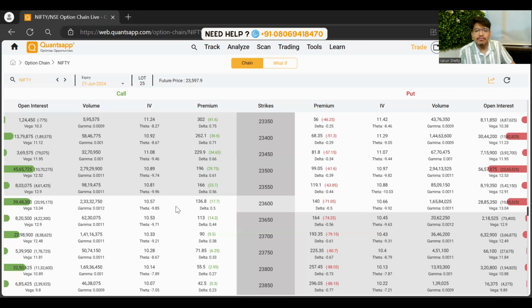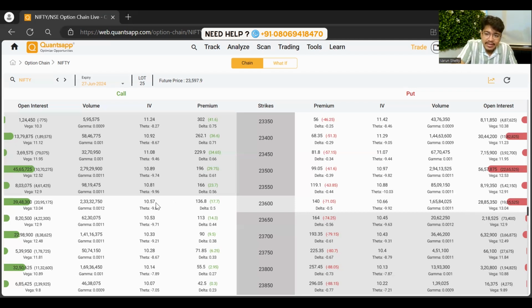Implied volatility, for people who do not know, has a positive correlation not with the market, but with the option's premium. Whenever implied volatility decreases, the premiums will also decrease. Whenever implied volatility increases, option premiums will also increase. It's as simple as that.